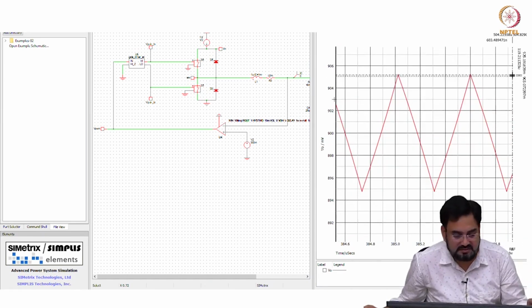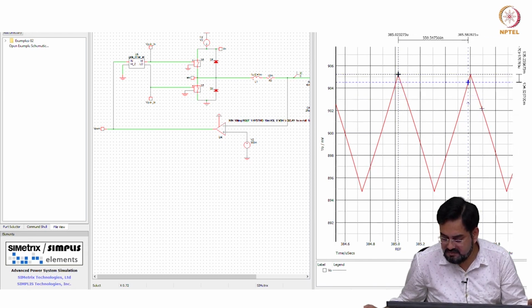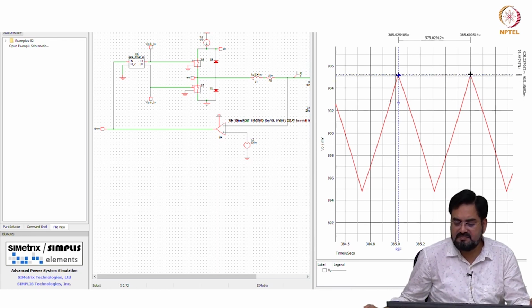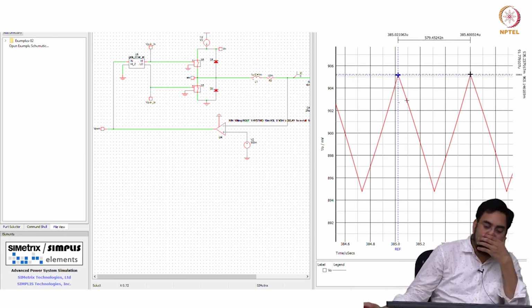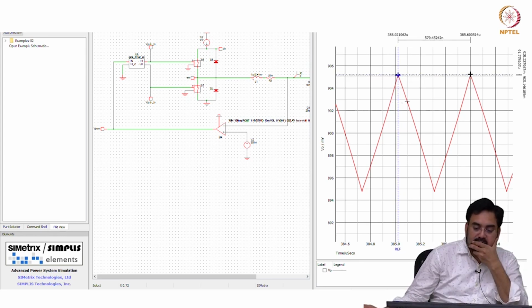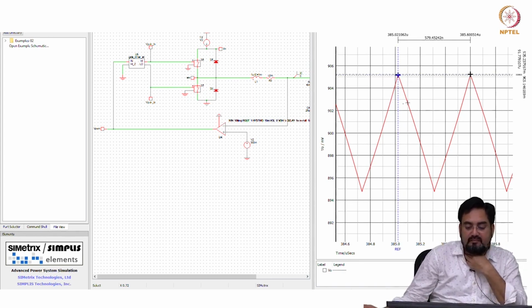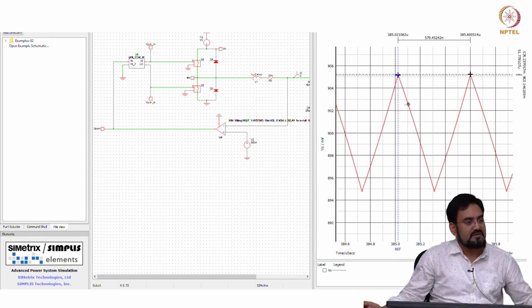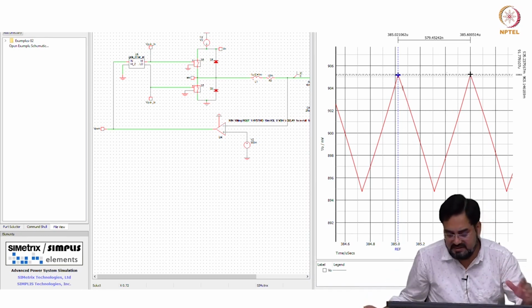So we need to measure here. It's coming 579. How much is this? 579. No, not 1.14. 1.75. Anyway, I'll check and see.